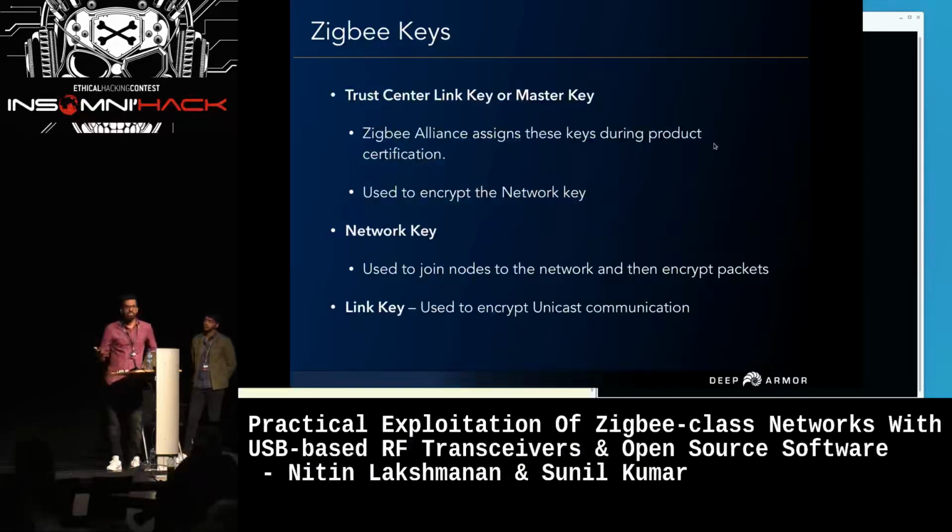And when the node joins the network, it should receive the network key in an encrypted format. That will be done using the trust center link key. When our node joins, the encrypted network key will be sent to the node. The last one is the link key. It is used for encrypting the unicast communication. If a particular node wants to talk with the gateway, at that time the link key will be used.